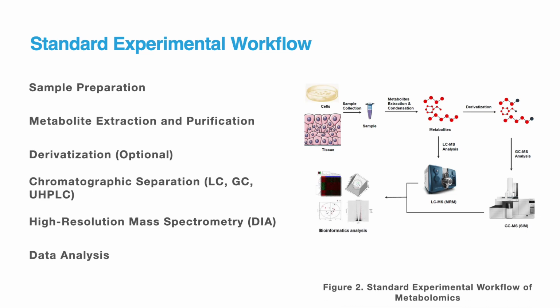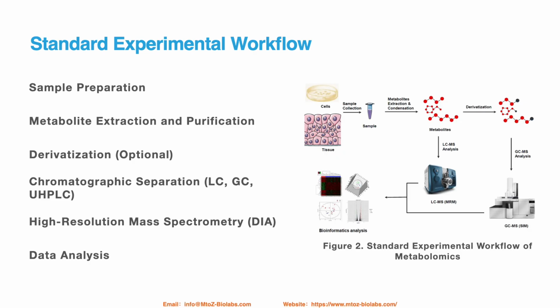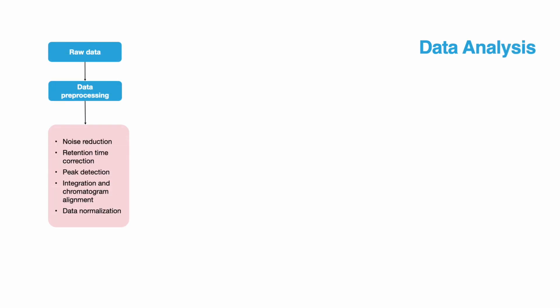After generating the raw data from mass spectrometry, we move into the data analysis stage. The first step is data preprocessing, which includes noise reduction, retention time correction, peak detection, integration and chromatogram alignment, and finally data normalization. These steps ensure accuracy and consistency across all samples.